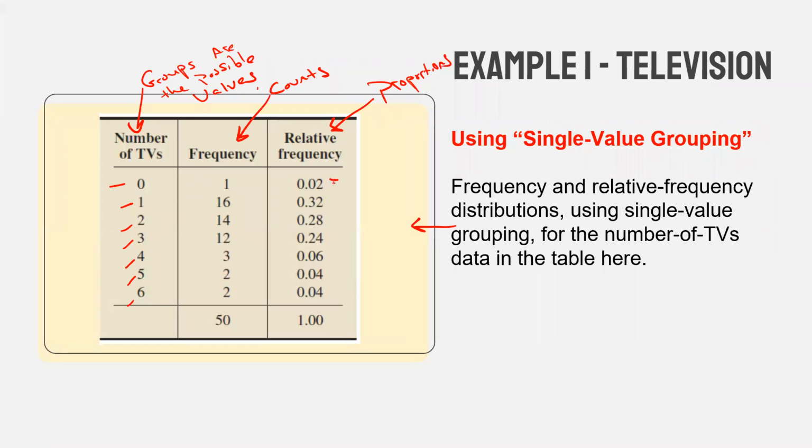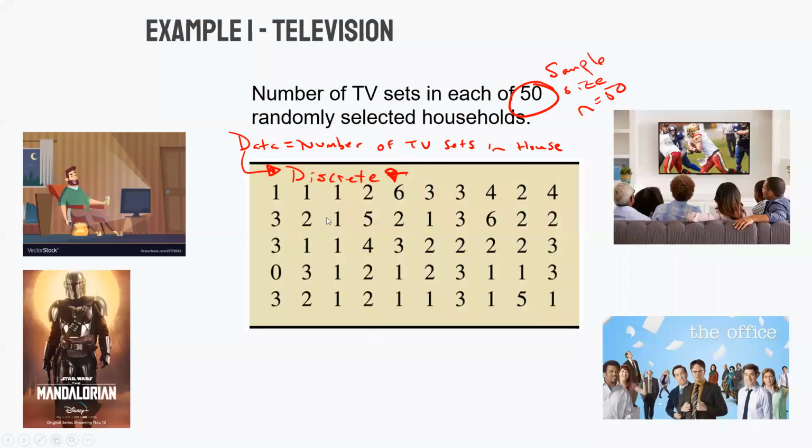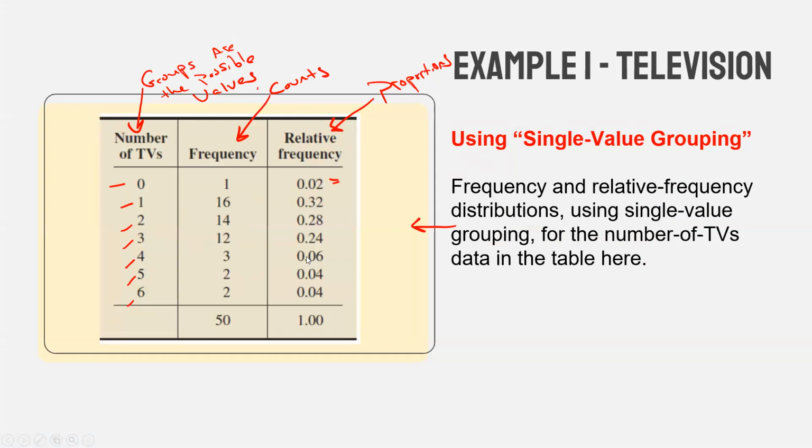For example, this is shocking actually. Of the 50 households, only one of them had 0 televisions. So this here was 1 divided by 50. This relative frequency here was 16 divided by 50, and so on.